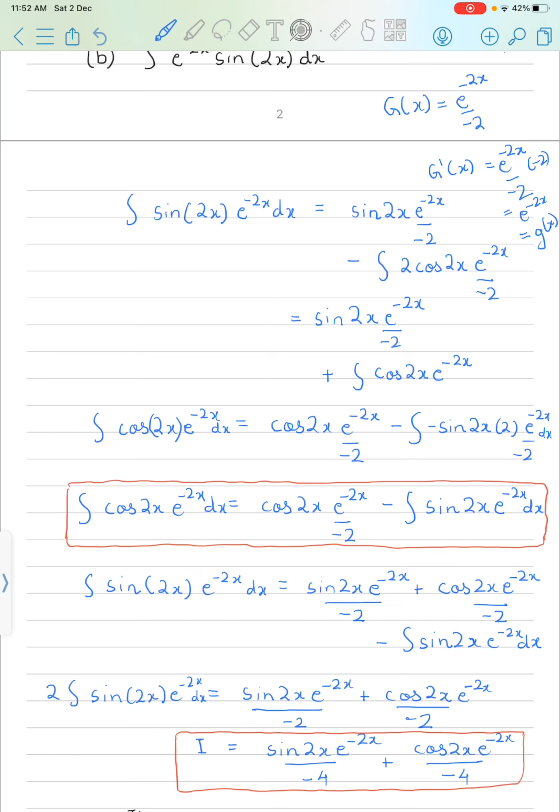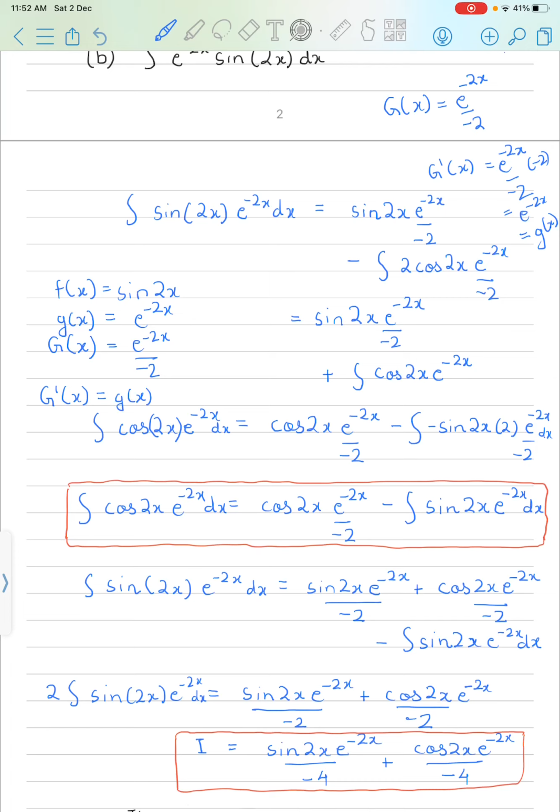Okay, so f(x) is our sine 2x and small g(x) is what? E to the power minus 2x. Capital G(x) will be e to the power minus 2x by minus 2, and then G dash x is, of course, small g(x).